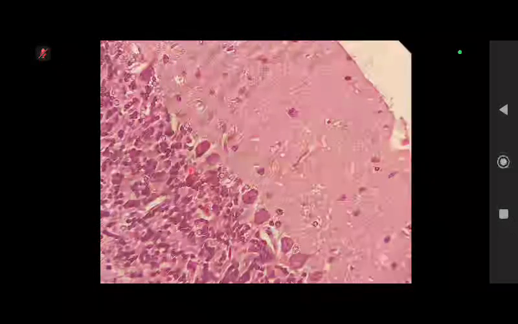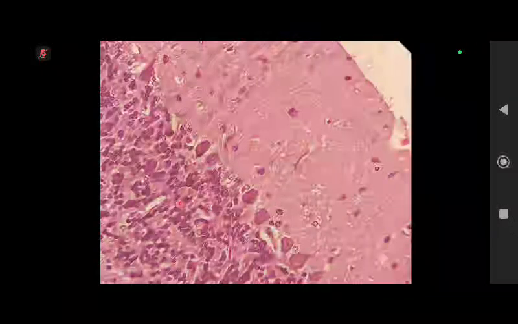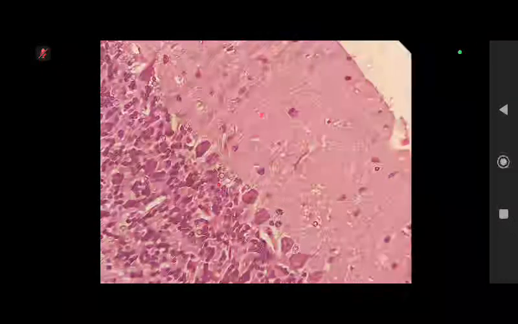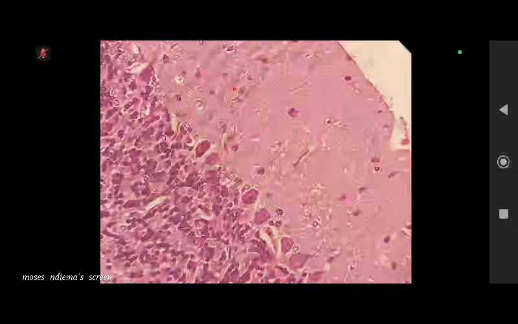Those synapses, both from the basket cell, are inhibitory. But the synapse of the granule cell which extends to the molecular layer is excitatory.